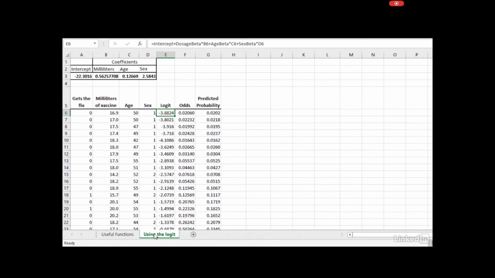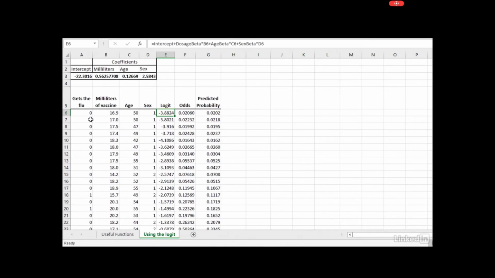My contention is that if you understand what those intermediate calculations are, you'll have a much better understanding of what logistic regression is all about. So that's why we've been going through all of this in the context of Excel. We're about to start the next chapter, where we'll use R to return the logistic regression with a lot less effort and a lot more quickly. But here's how it comes together in Excel.